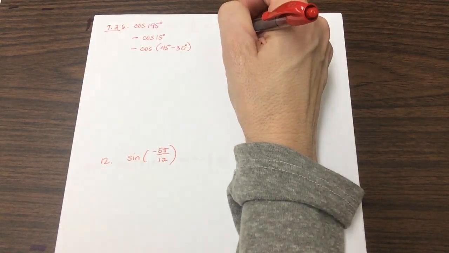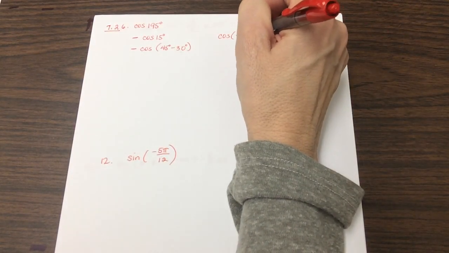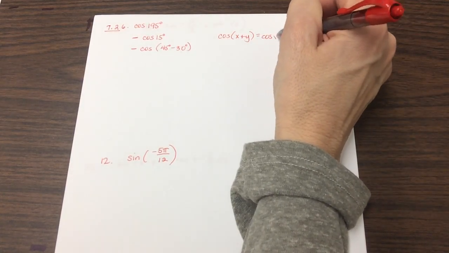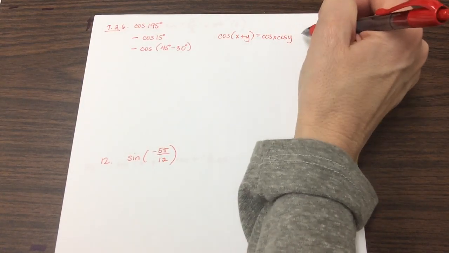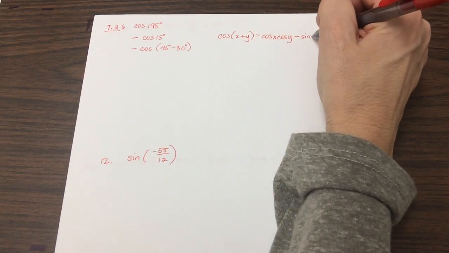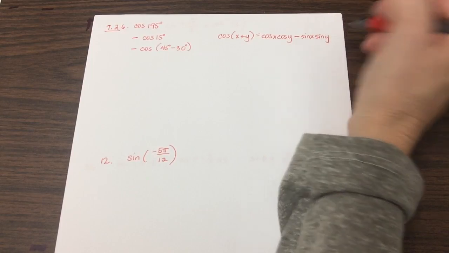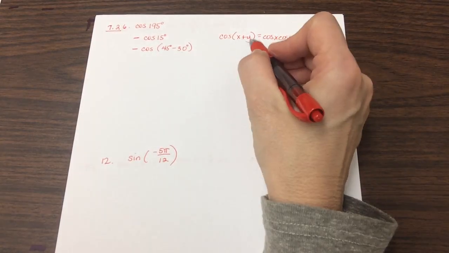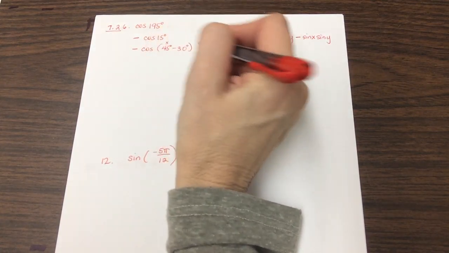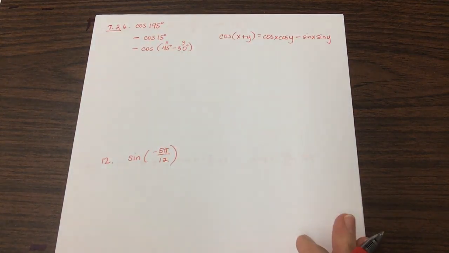My addition formula for cosine equals the cosine of x times the cosine of y minus, my sign changes, the sine of x, the sine of y. Alright, and these are just my two angles. So in this case, 45 degrees is my x value and 30 degrees is my y value.